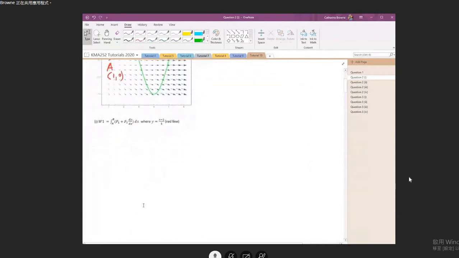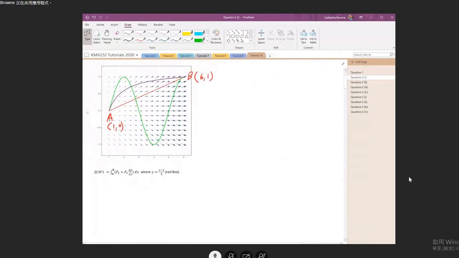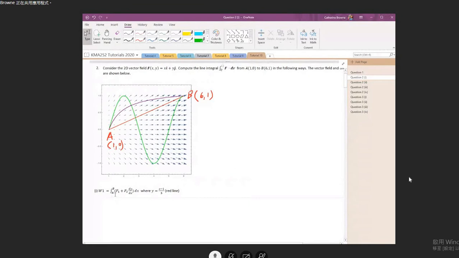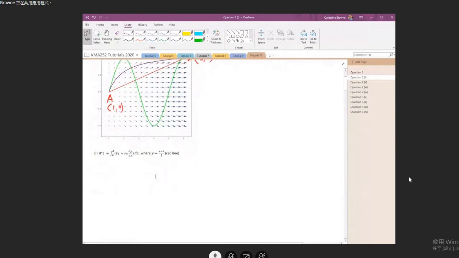So the first one, I'm going to compute the line integral from A to B, where this is just a linear line given by y is (x minus 1) on 5.